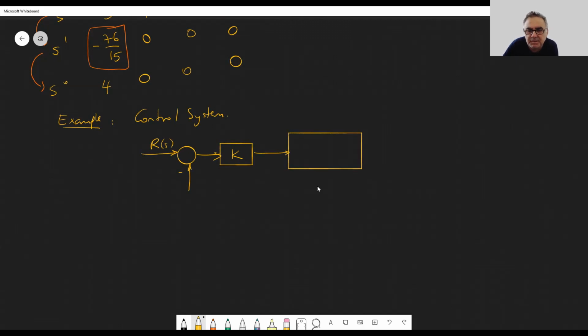And our plant is, let's say, 1 over s plus 1 cubed. For some reason, I selected it this way. And this is Y of s. So this is the plant system, and this is the controller.